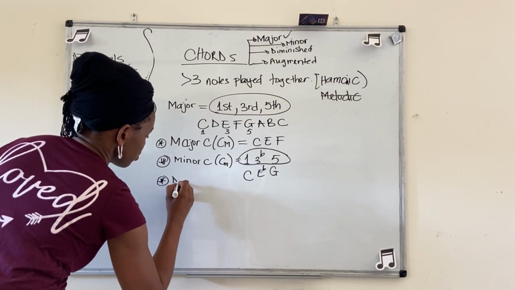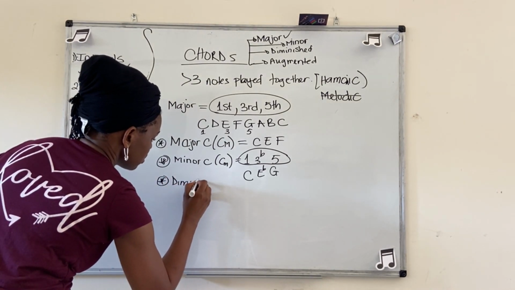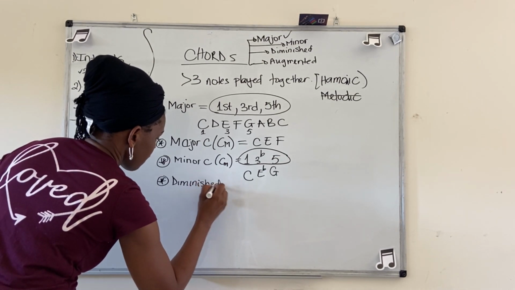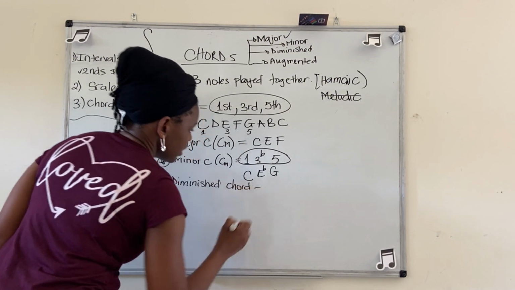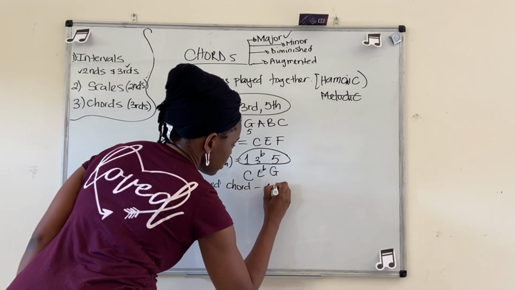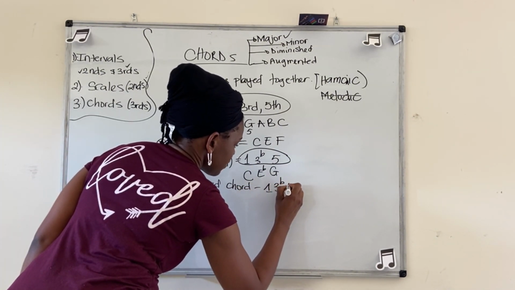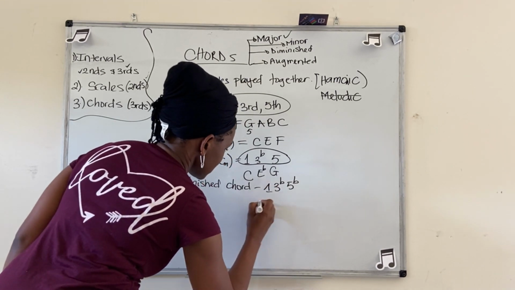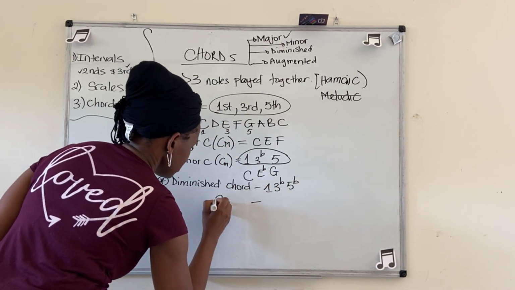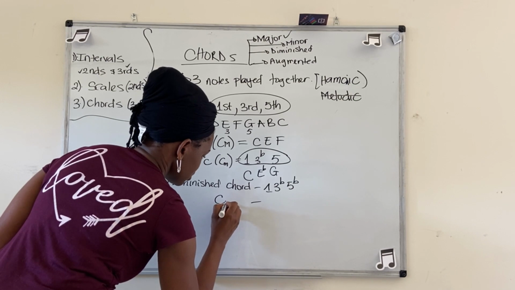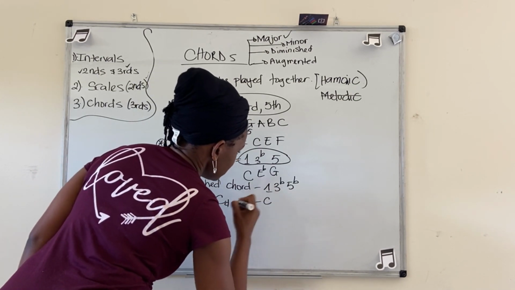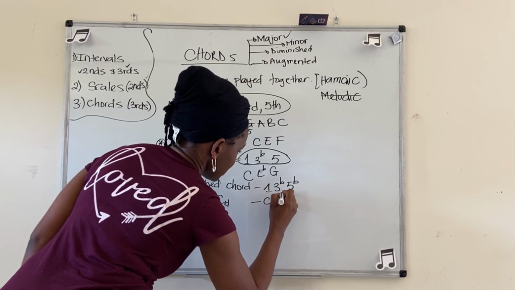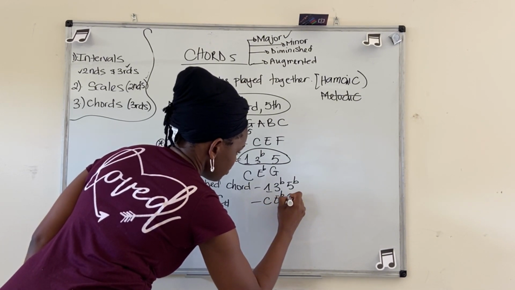We're going to go to the diminished chord, and its own formula is 1, 3 flat, and 5 flat. So in this case, our C diminished chord is going to be C, E flat, and G flat.